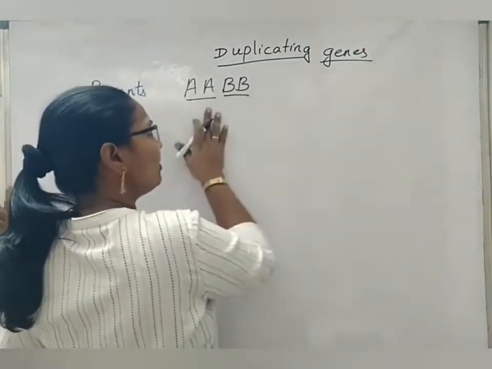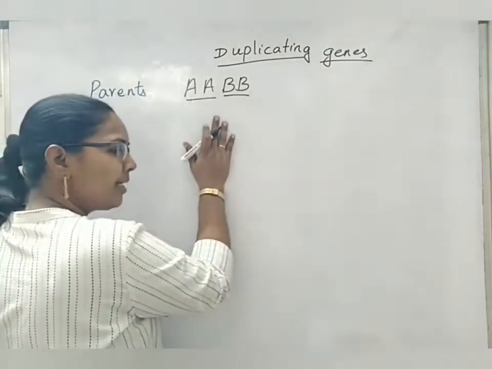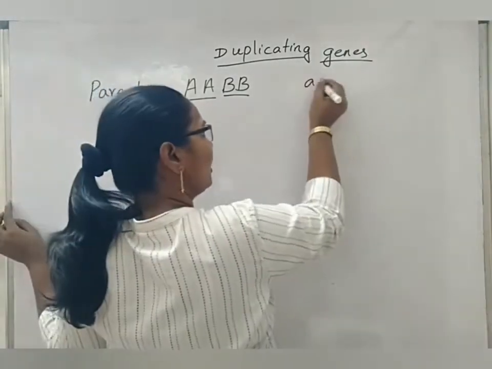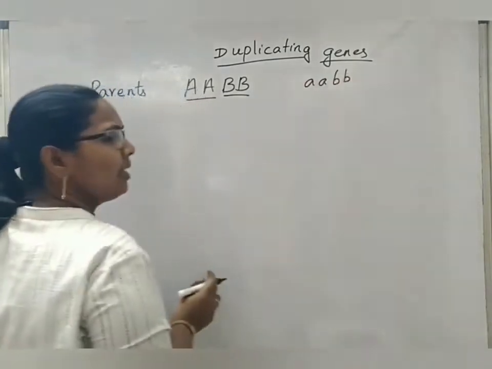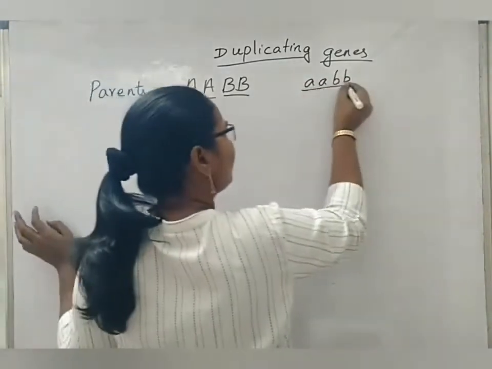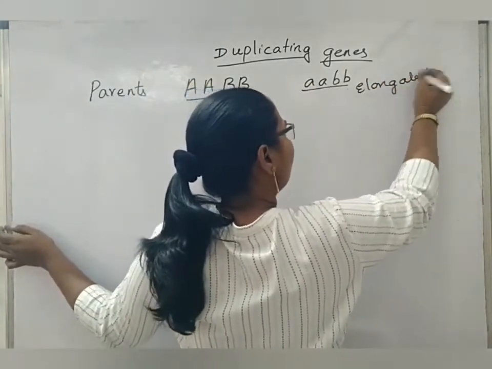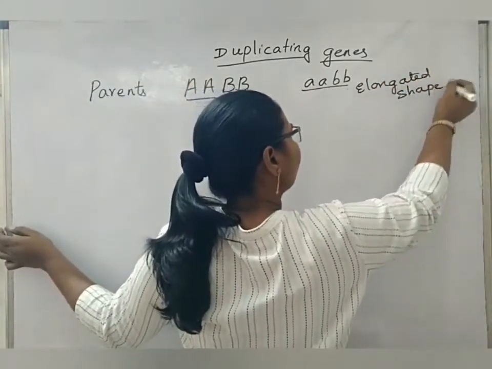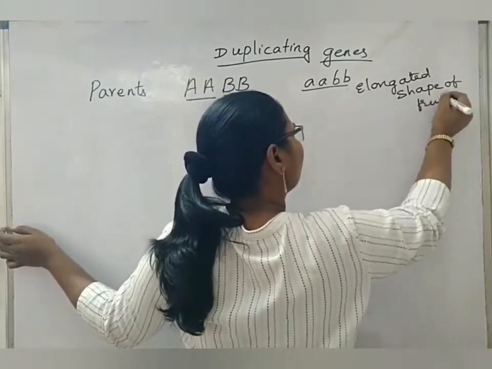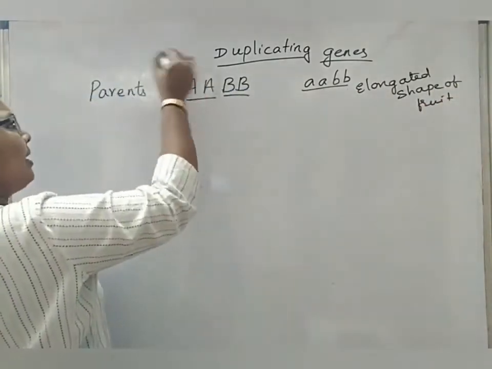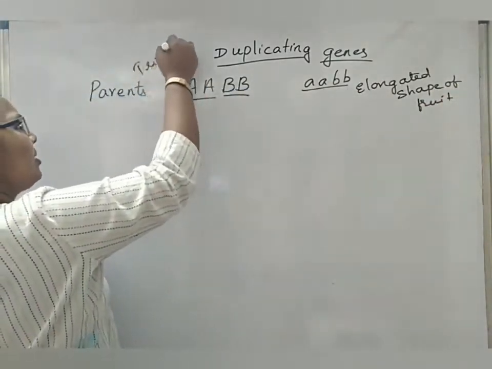And we know that whenever such dominant allele pairs are there, there will be their related contrasting allele pair also. So we are taking this one as recessive, which is responsible for the elongated shape of the fruit, and such allele pairs are responsible for the triangular shape of the fruit.